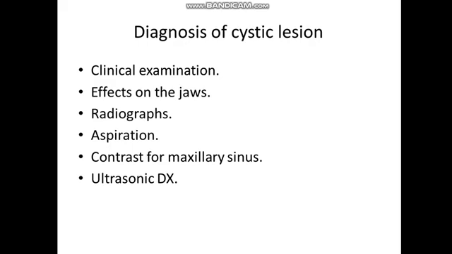It helps in the diagnosis of the type of cystic lesion, not whether it is a cystic lesion or not, but the type, whether keratocyst, radicular cyst, dentigerous cyst, and so on. Contrast to differentiate between the radiolucency of the maxillary sinus and that of the cystic lesion, and ultrasonic mostly used for soft tissue cystic lesions such as ranula. So this is the end of the lecture, and thank you for your attention.